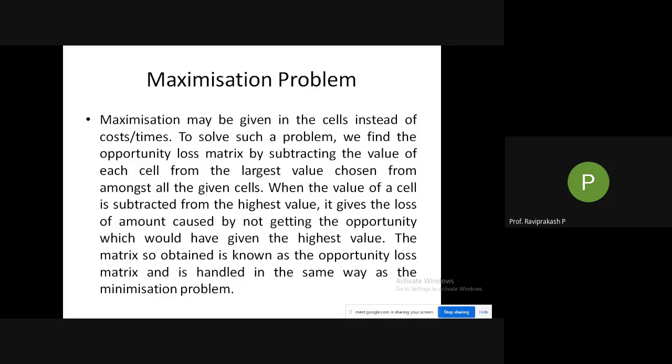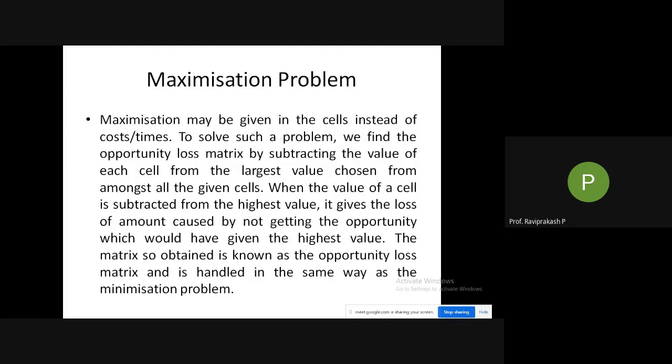That is, we are converting the maximization matrix to the minimization matrix. Whatever matrix you get for cost or time is the minimization matrix, because using that matrix we are minimizing the cost or the time. But in this case they are giving you profits, so we need to maximize the profits.